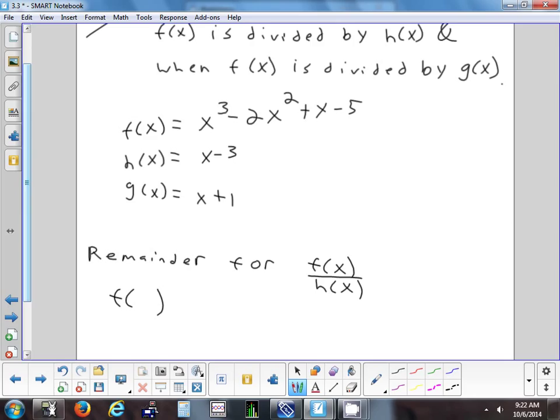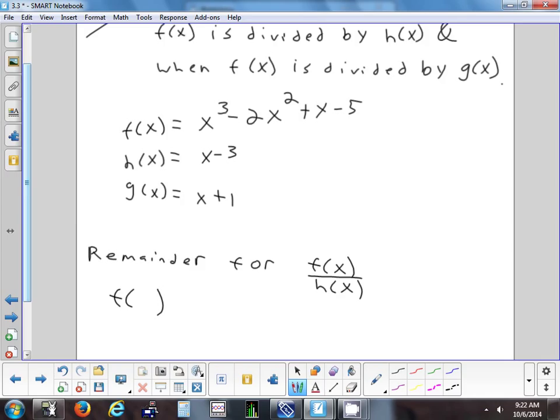Nick? Want to help him out? What is the remainder? Brian, what does the remainder theorem say?